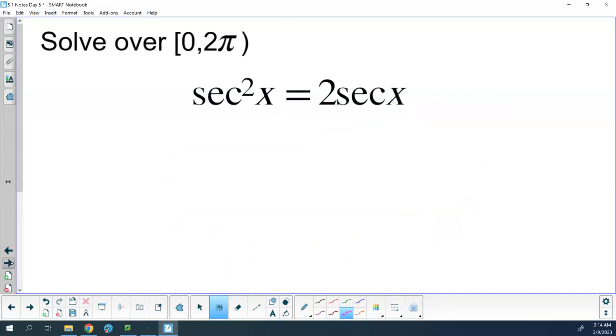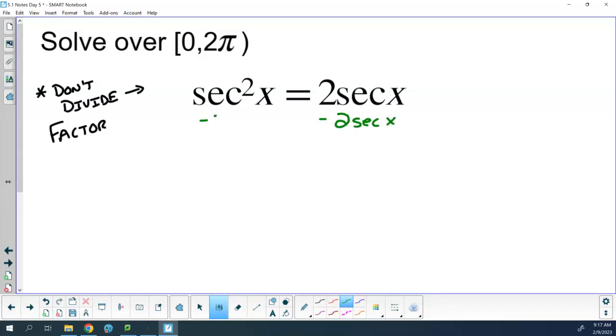You try solving this one. So, if I can't divide, what can I do? I can factor. Words to live by. Don't divide, factor. Okay? So I need to get everything onto one side. So I'm going to subtract 2 secants of x from both sides.